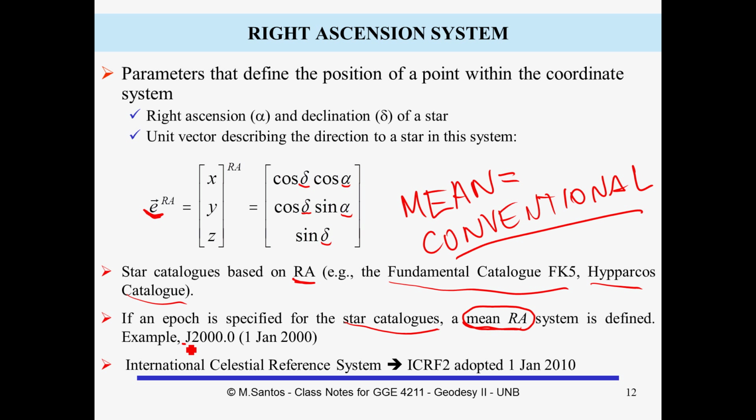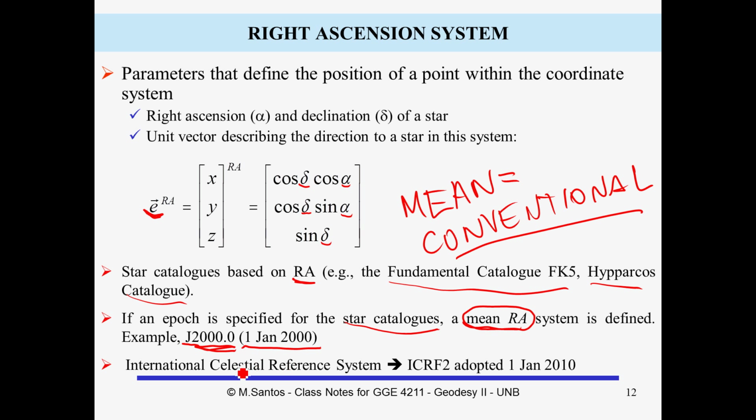The next bullet talks about the International Celestial Reference System, or the Conventional Celestial Reference System. They adopted as the reference epoch 1st January of 2010.